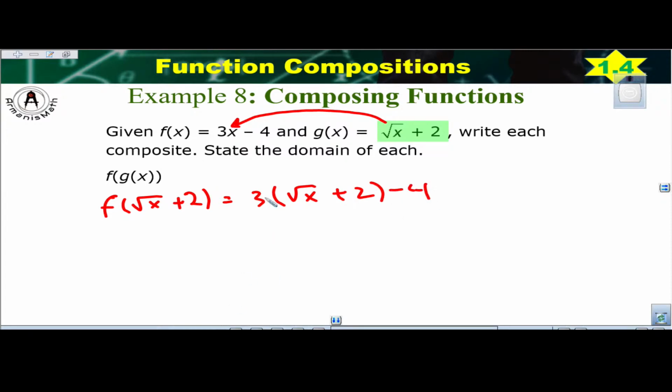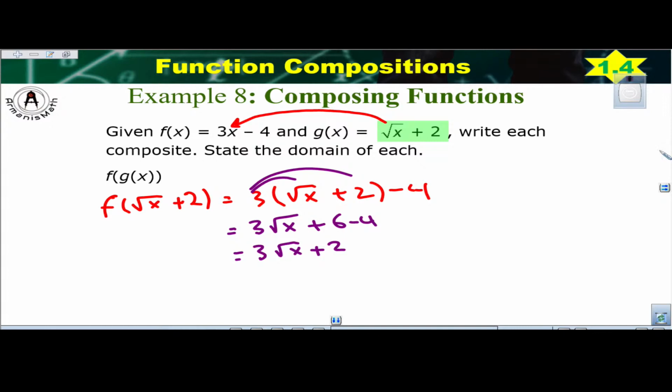In this case, I'm just going to have to multiply. 3 times square root of x, that's 3 square root of x. 3 times 2, how much is that? 3 times 2 is 6, that's correct, minus the 4. The final product is 3 square root of x plus 2.